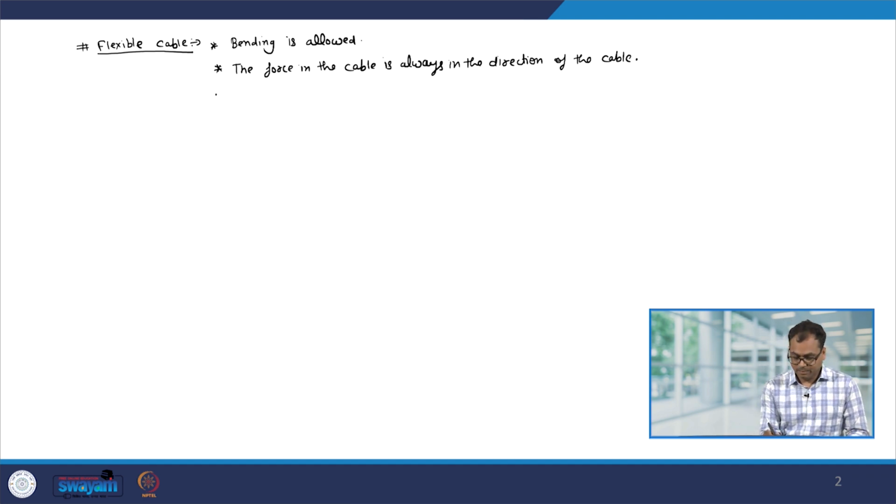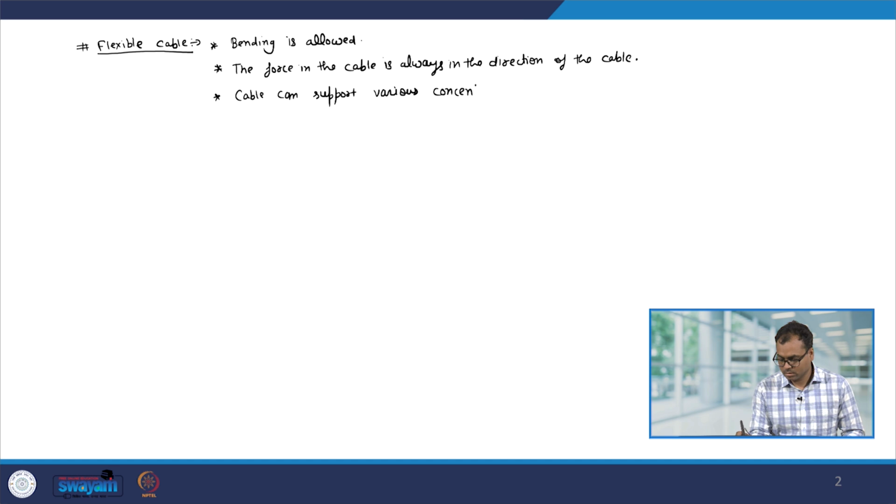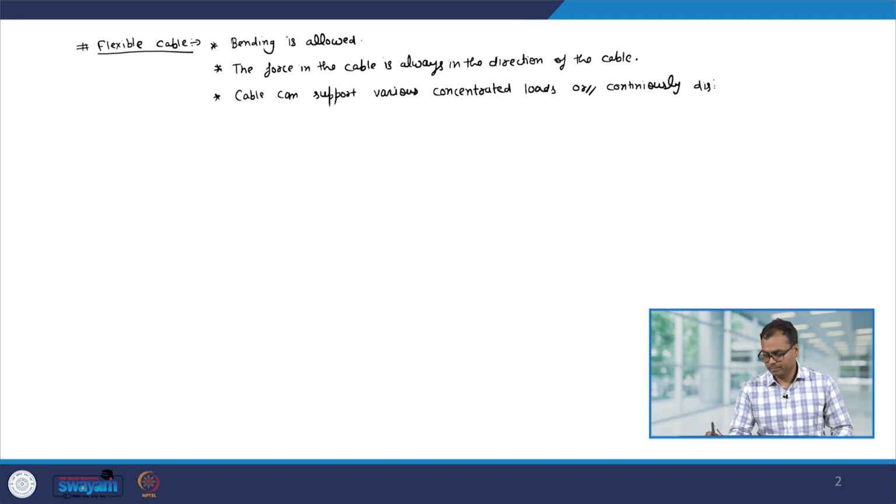So, as I said, these cables can support various concentrated loads or continuously distributed load.